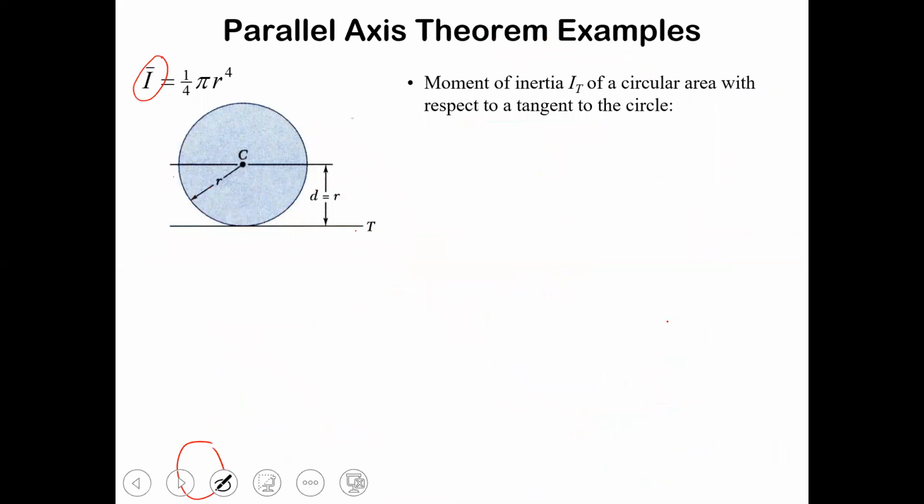So as an example, we'll run through how you would actually use these, right? Suppose we want to find the moment of inertia I_T of a circular area with respect to a tangent to the circle.